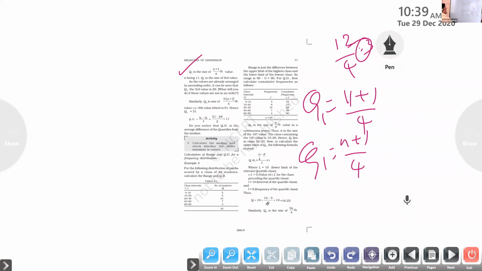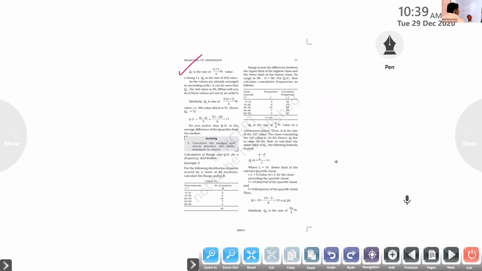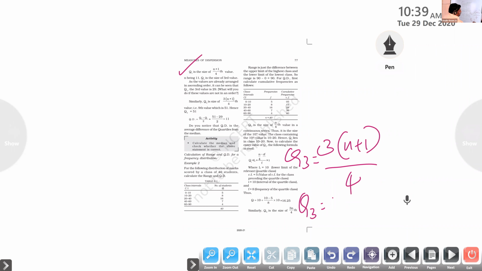Similarly for Q3: Q1 is (n plus 1) divided by 4, but for Q3 the equation changes to 3 multiplied by (n plus 1) divided by 4. What is n here? 11.